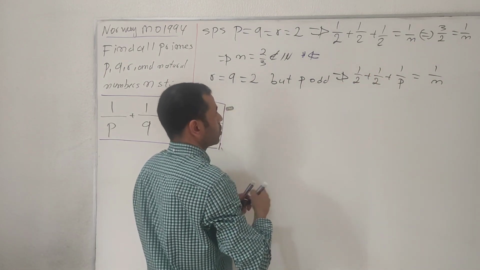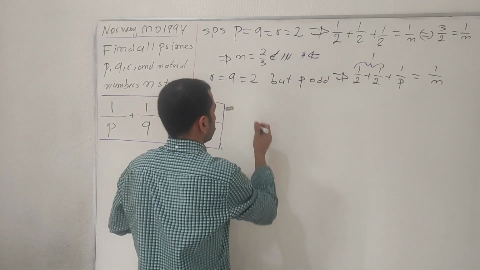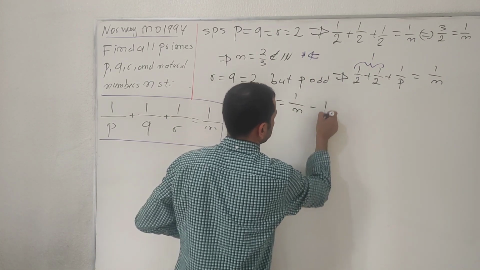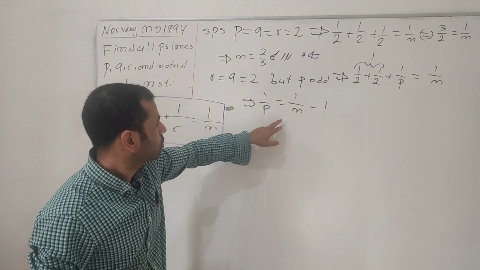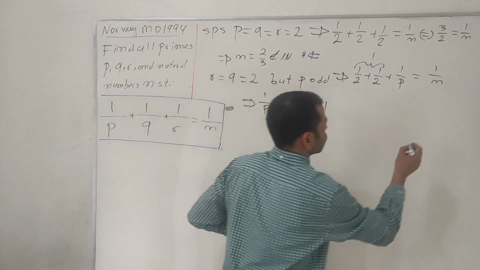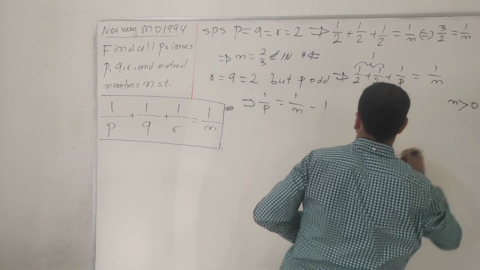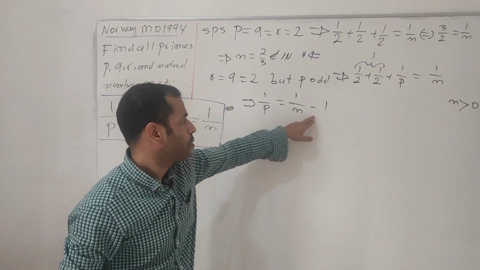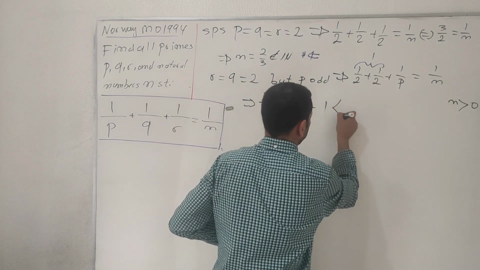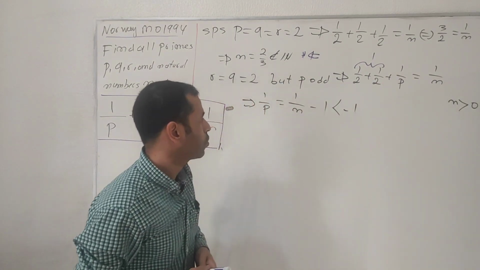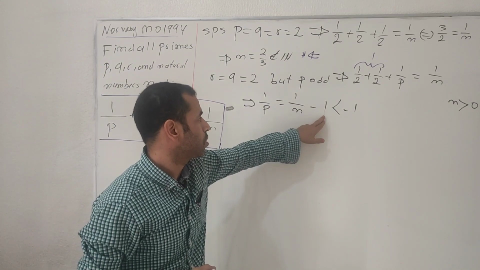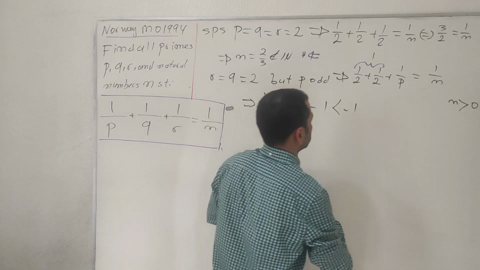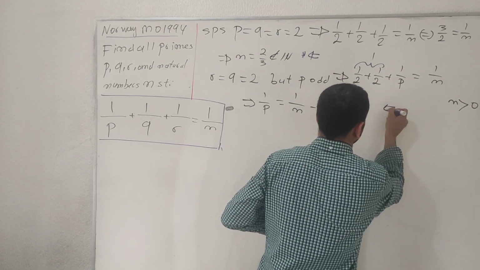So I get 1 over p equals 1 over n minus a half. Since n is a natural number, n is always strictly greater than 0. So 1 over n minus a half is always negative, because this 1 over n is smaller than the half. Since this one is negative, it clearly is a contradiction. It's impossible, I mean.